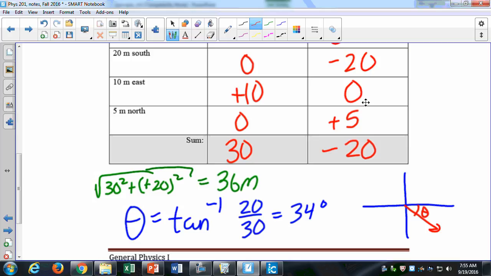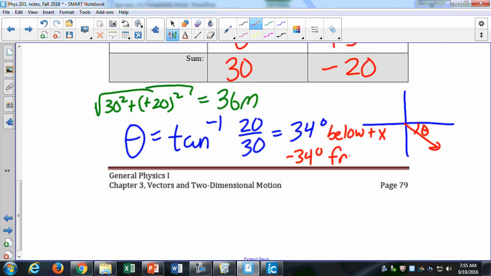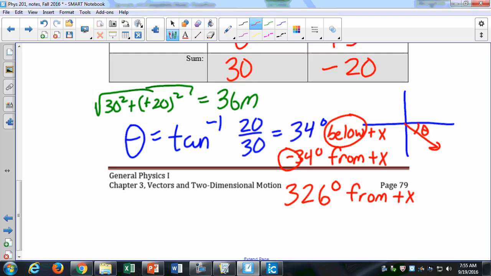Notice this is 34 below the positive x, so it is minus 34 degrees from the positive x, and here my negative denotes the below. Or I could say 326 degrees from the positive x, going above the positive x. And that angle would be this angle, 326 degrees.